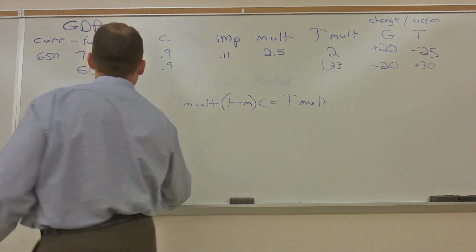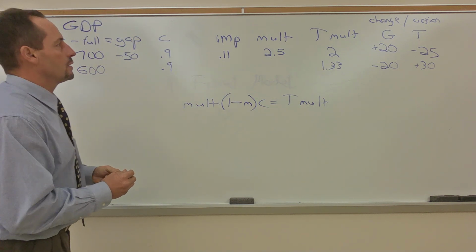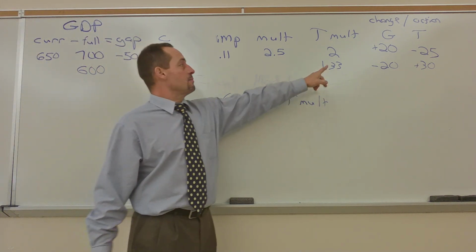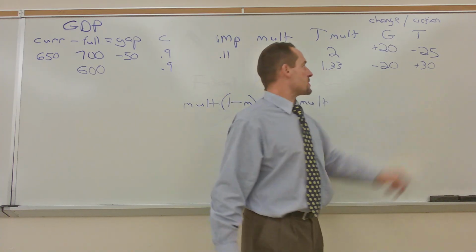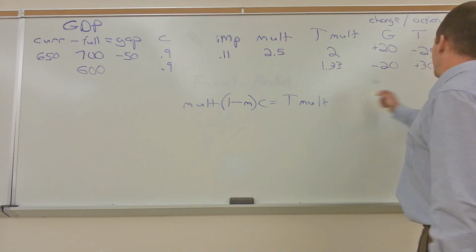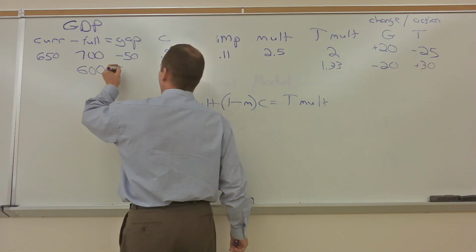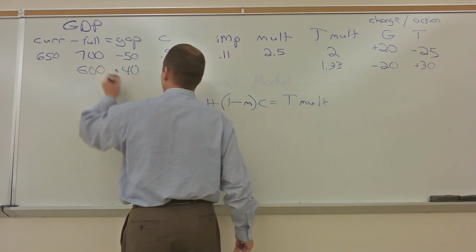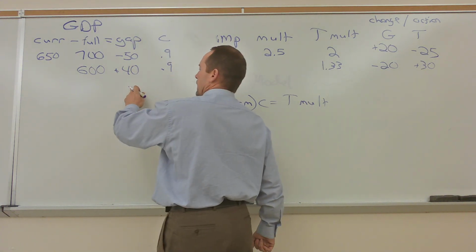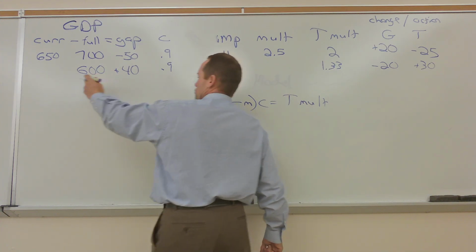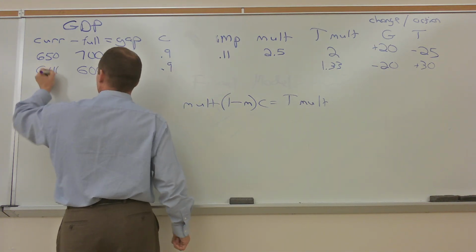So look at what we have here. We have a T multiplier and a tax action. So 1 1/3 times 30 will give us 40. So we are 40 ahead. And where we ought to be at 600, that means we're at 640.